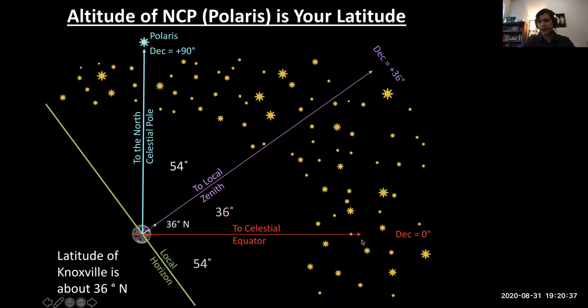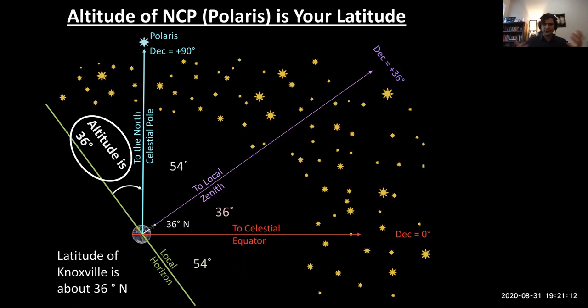I know that at 36 degrees latitude, this angle right here is 36 degrees. To complete the 90 to get up to here, that would make this angle 54 degrees. If this angle is 54 degrees and there are 90 degrees between this purple line and this green line, then this angle must be 36 degrees. But this angle right here is just the number of degrees I'm pointing above the horizon. So the altitude of Polaris is 36 degrees.